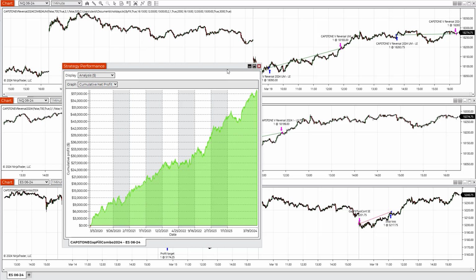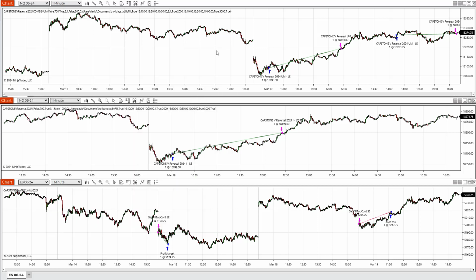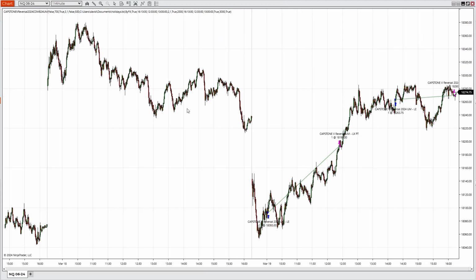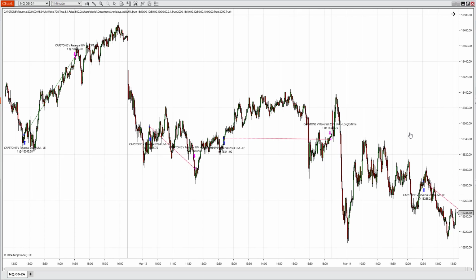We are preparing our research for Q2 right now, and it recently had an equity peak, and it's off that equity peak. It's easy to give up on strategies after these drawdowns or after a losing trade. Let's look at this V reversal strategy's recent history. It had these trades last week and went through a losing streak.